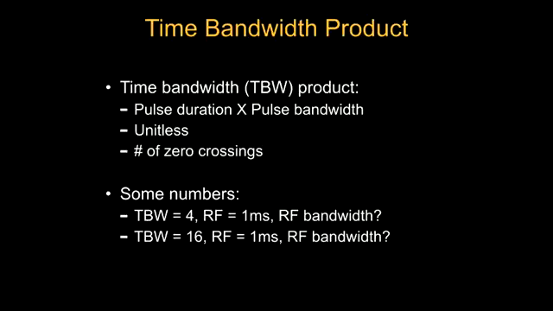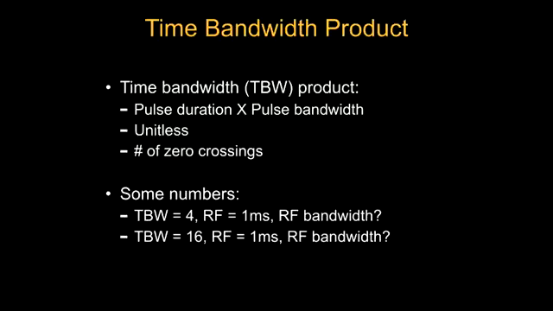When you have many zero crossings, that means the sinc pulse is really long, right? A higher time bandwidth product means more ripples are included, although the pulse can be long. What it means for the slice profile is you're going to have a much better shape.